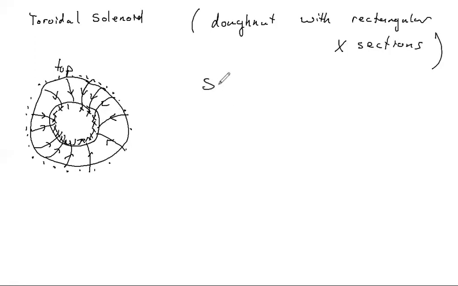From the side view, if you were to make a cross-sectional slice through, kind of slice this along that line, what you would see is the following.